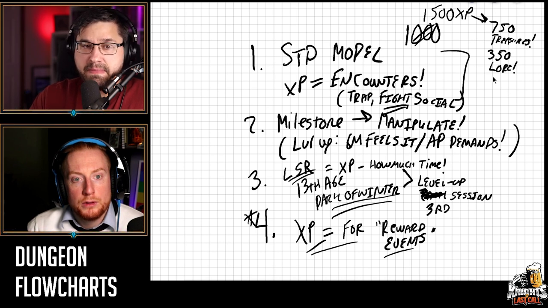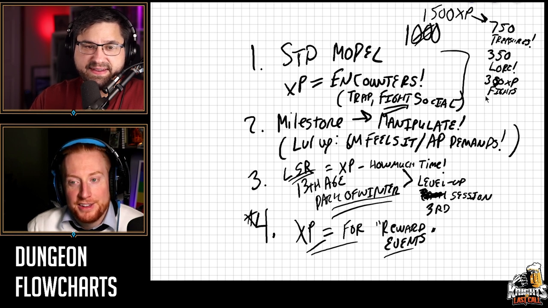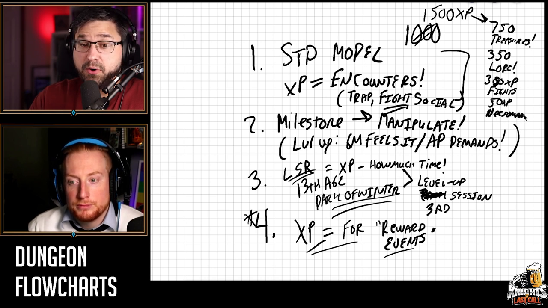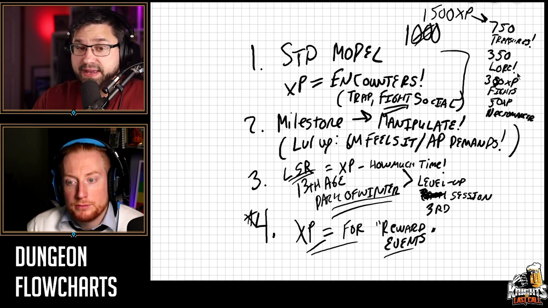And then maybe 350 XP is going to be for fights, for kicking ass and taking names. That's 700, and then 50 XP is going to be for stopping the necromancer, like a bonus on top of what you would get for fighting him.